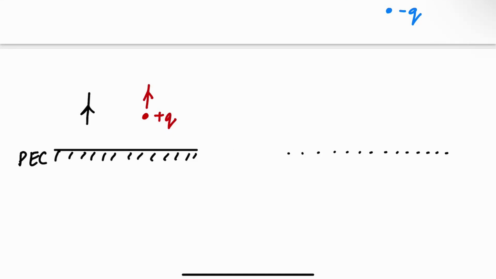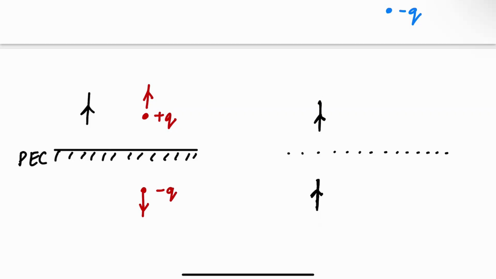What happens to its image? Its image, of course, has to move down to maintain that symmetry, and a negative charge moving down is the same thing as a current moving up. So if I have a current like this, then its image has to be like this. The right way to think about this maybe is to say that I have a very long current filament and I look at a small section of it, and its image is also moving in the same direction because it's a negative charge going in the opposite direction.